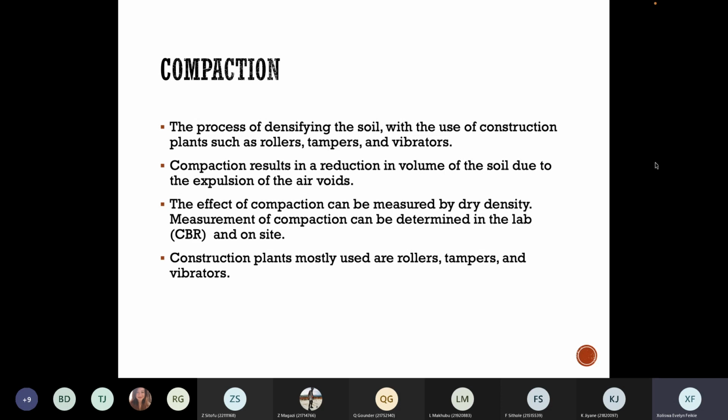They use different construction plants or equipment, such as rollers, tampers, and or vibrators, right? When we were introducing the chapter, we said in a soil profile, you are going to have soil that is moist.